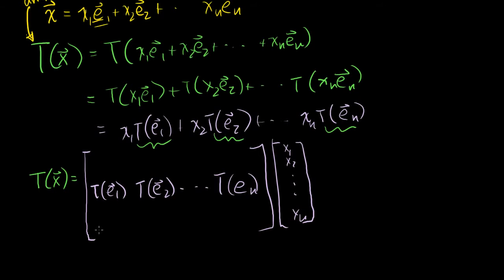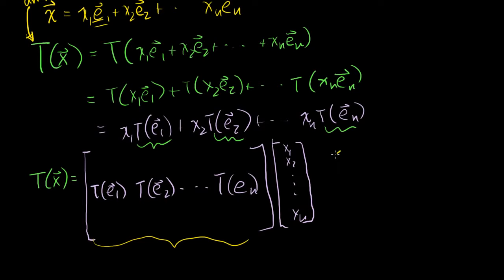Now what's really, really neat about this is I just started with an arbitrary transformation. And I just showed that an arbitrary linear transformation of x can be rewritten as a product of a matrix, where I'm taking that same linear transformation of each of our standard basis vectors, and I can construct that matrix, and multiplying that matrix times my x vector is the same thing as this transformation.